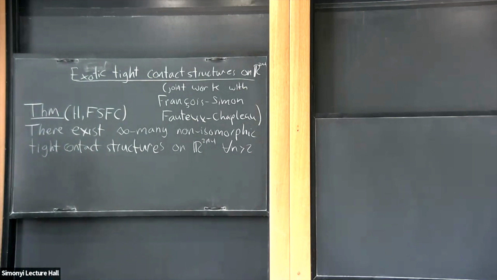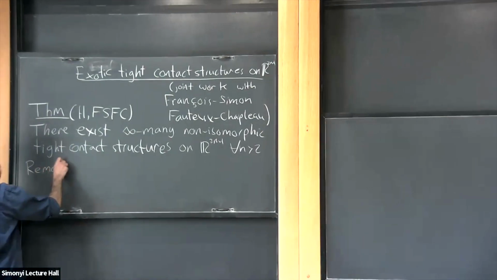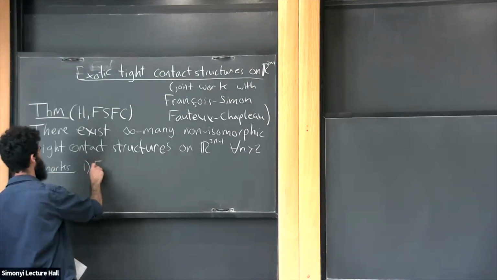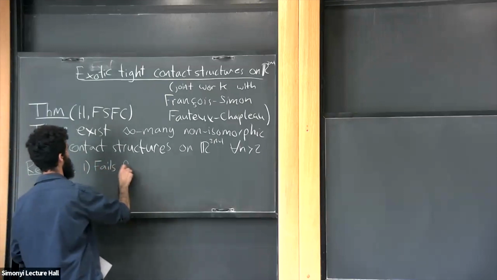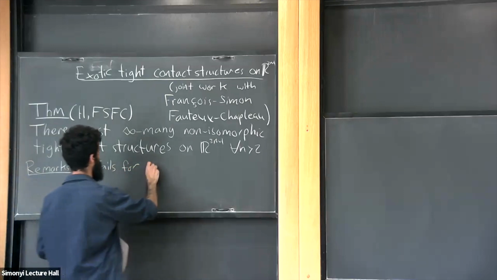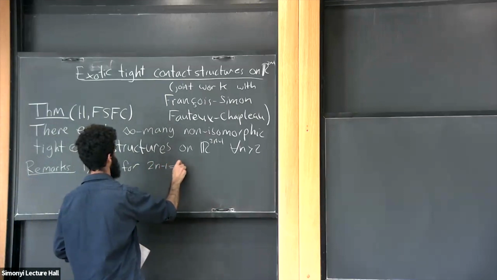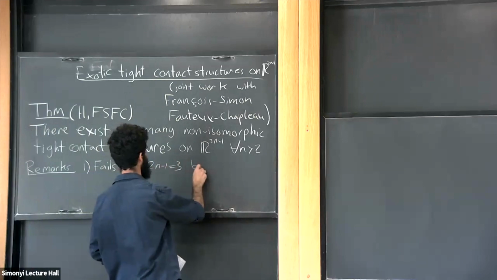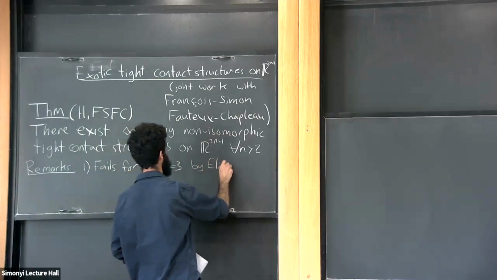So let me begin with some remarks about this thing. First is that it fails in the case that I've excluded, n equals 2, proven some time ago by Eliashberg.